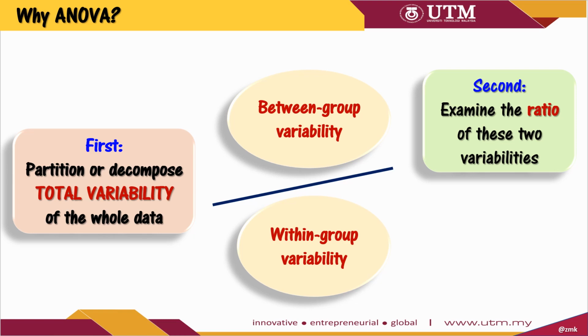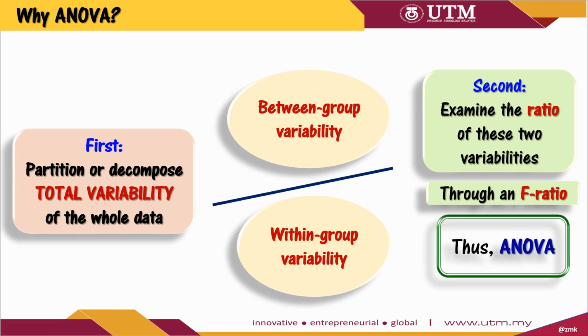Since we have a ratio of 2 measures of variability, this can be done through an F ratio, indicating that an F-test statistic will be used and will be the right choice in this chapter. And hence, we have analysis of variance or simply ANOVA in testing a difference between more than 2 population means.